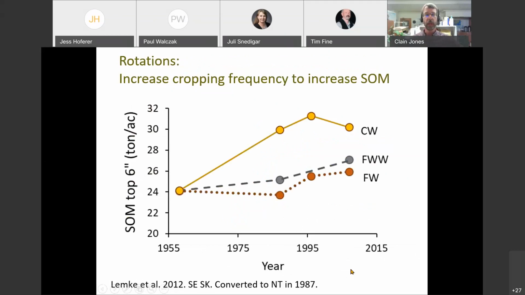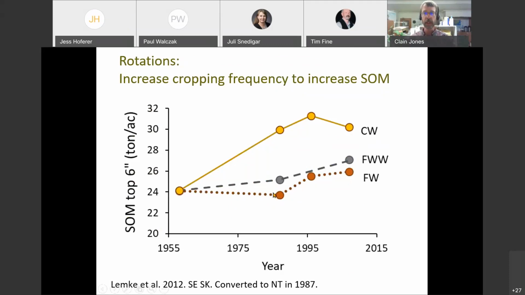Rotations. Increasing cropping frequency, meaning how many crops you have, say, in a 3 or 4 year period, can really increase soil organic matter. This is work done in southeast Saskatchewan from about 1960 up to about 2010, where soil organic matter in the top 6 inches, in tons per acre, was measured.